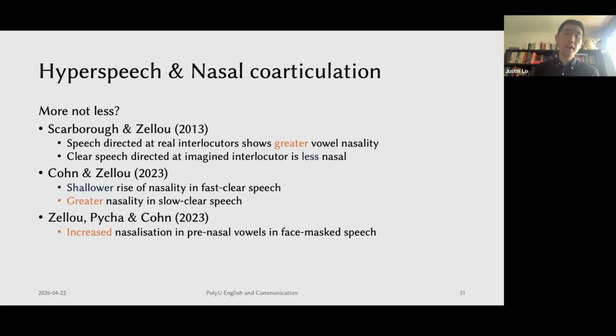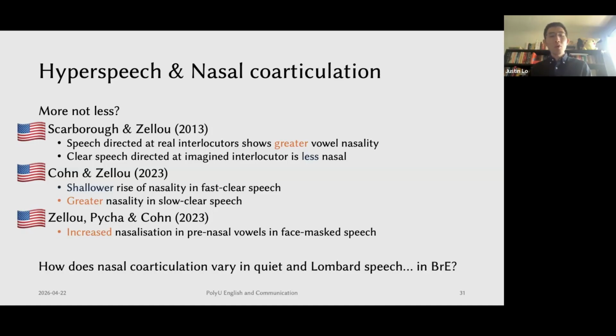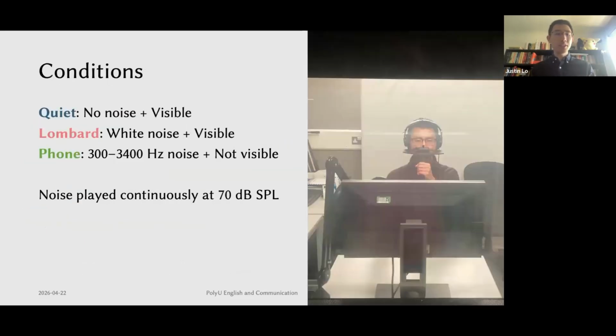But coming back to the point about American English being potentially weird, all these studies are done in American English, where we know there are potentially other factors going on, so it's not necessarily just nasal coarticulation that we're seeing. So I'm going to be looking at nasal coarticulation between quiet speech and Lombard speech in British English.